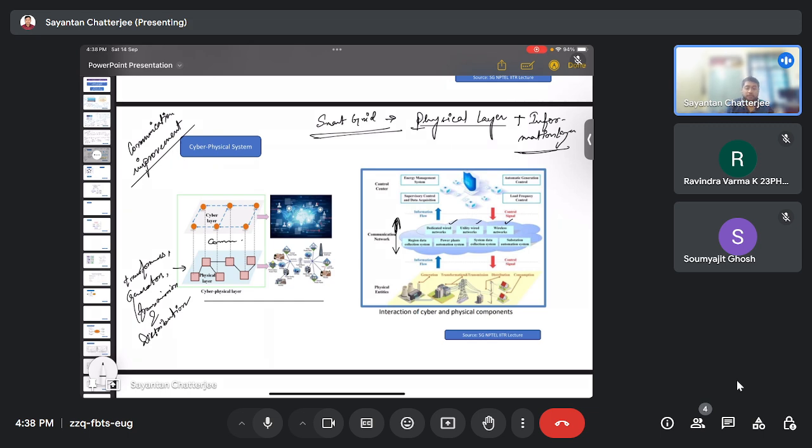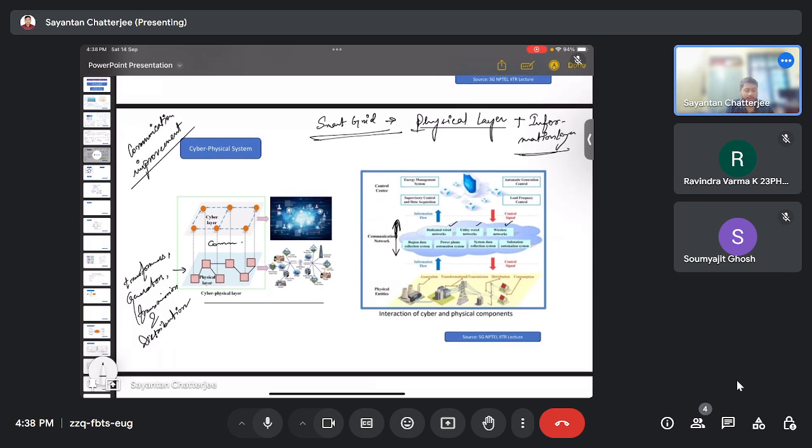After the communication layer, if the data gets somehow manipulated in between, that would greatly impact the entire power system estimation or monitoring and control objective.